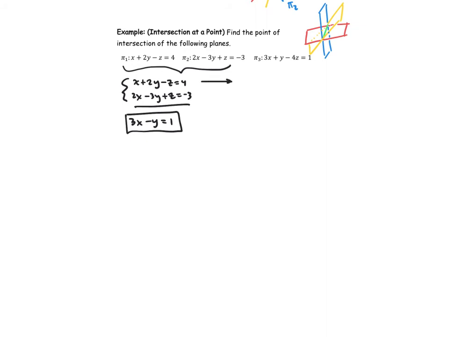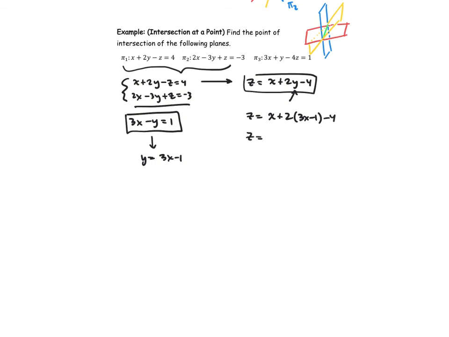Now, I'm also going to take the first plane equation, and I'm going to solve for z. Okay, I solve for z, and I say that x plus 2y minus 4 is equal to z. Okay, so what should I do with this? Well, I'm going to utilize both of these to find the line of intersection. I'm going to solve here for y. Y is going to equal, it looks like, 3x minus 1. I'm going to take that 3x minus 1 and plug it in for y up in this equation. So I get x plus 2 times 3x minus 1 minus 4.